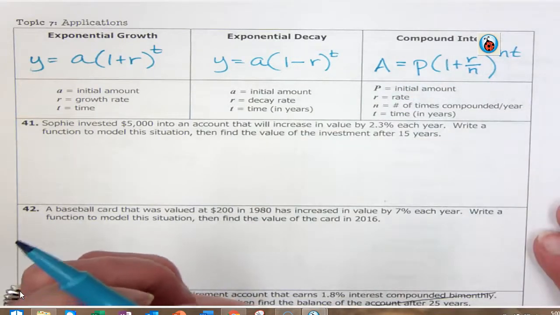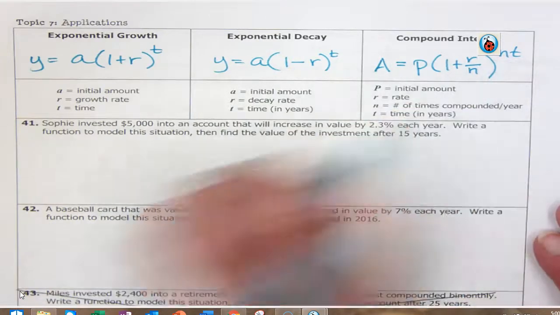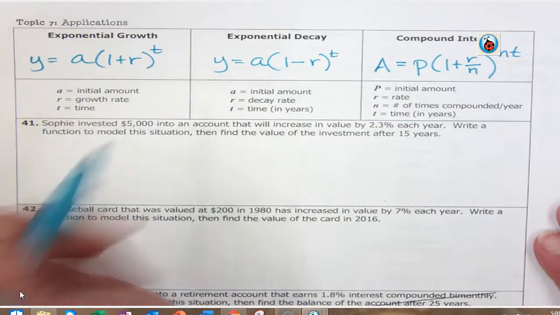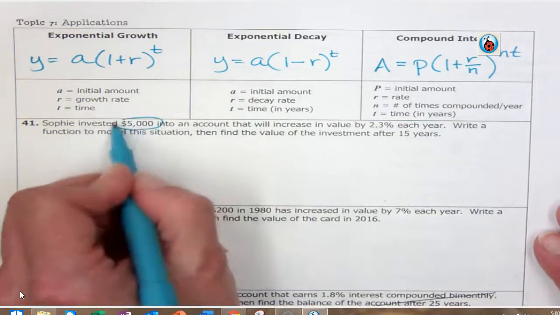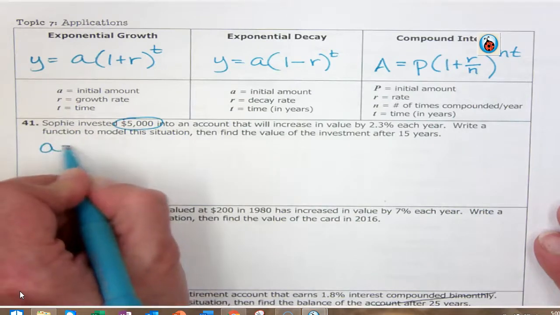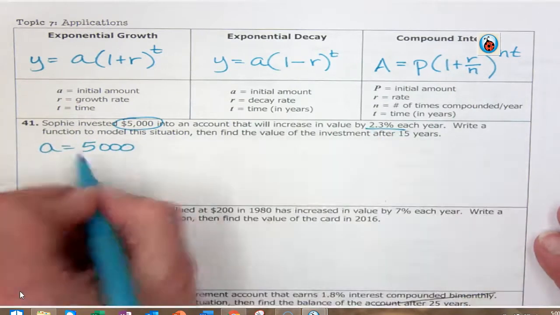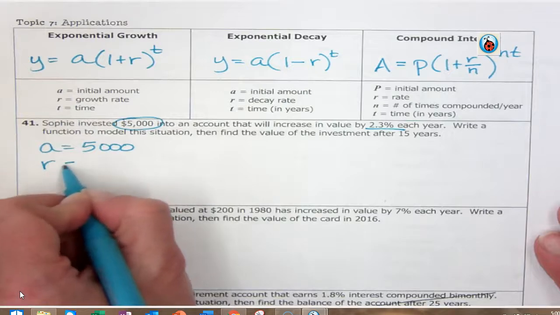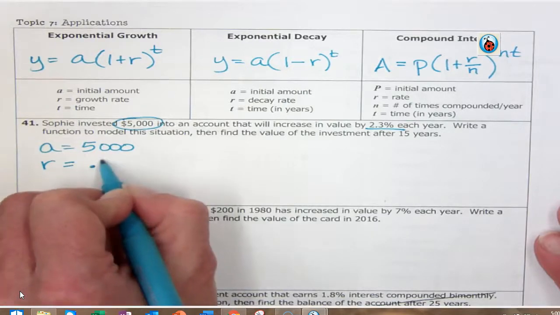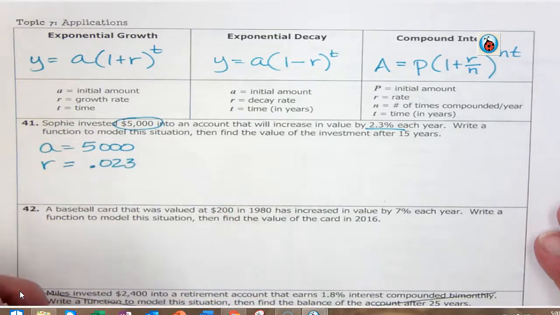And then your year. So if you invested $5,000, your initial amount is $5,000. Increase by 2.3%. That's going to be 0.023.